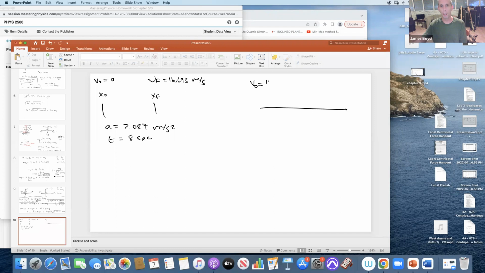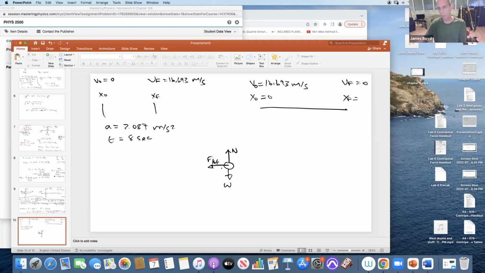v initial for this part is the following, and v final is going to be 0. I'm just going to treat this as its own problem. So I'm going to call it x initial 0. x final is unknown. Note that this time, there's normal, weight, and force of friction only.